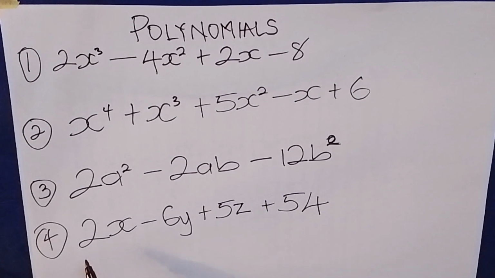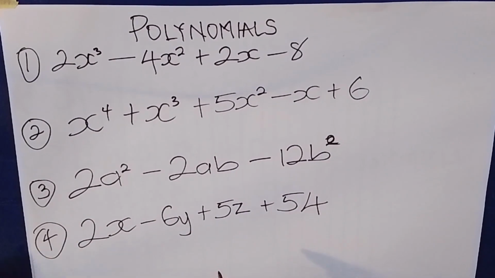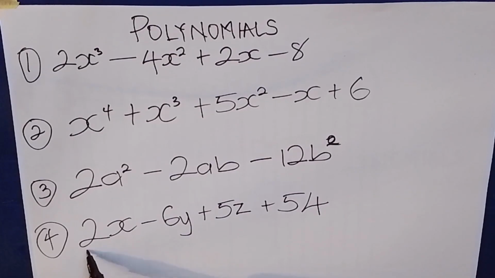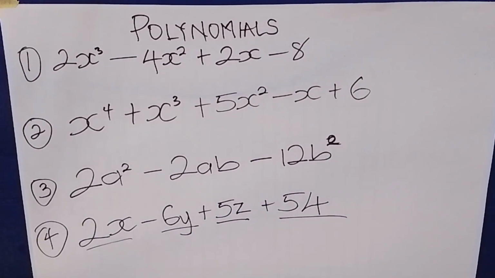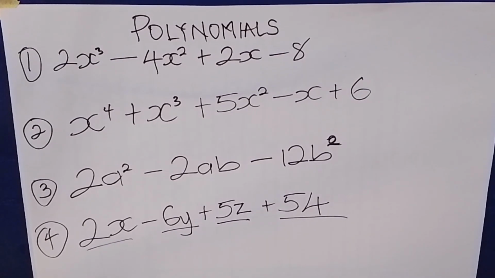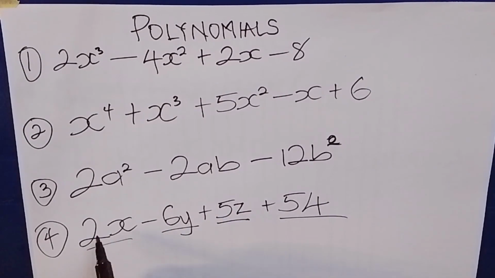We have here 2x minus 6y plus 5z plus 54. Now, in this sample here, we have 4 terms. These are distinct terms. From our definition, it involves operations of addition, just like we have here, subtraction, and then multiplication. In this particular case, we don't have the multiplication operation.